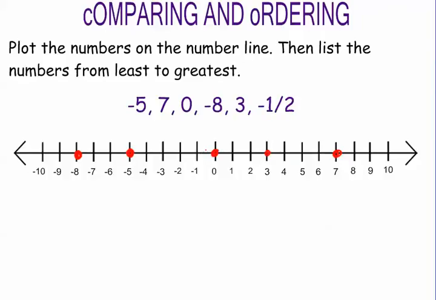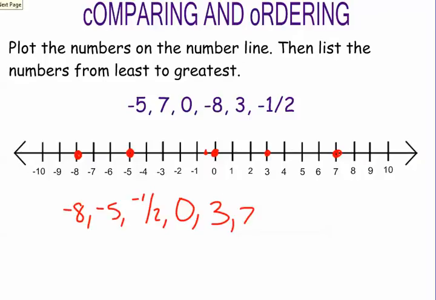So -1/2 is going to be right there. Once we've plotted them, you're going to put them in order from least to greatest. You're just going to look at the number line here. So that's -8, -5, -1/2, -0, or sorry, 0. You cannot have a -0 or a +0. It's just 0, 3, and then 7. Okay? Make sure you have that in your notes.